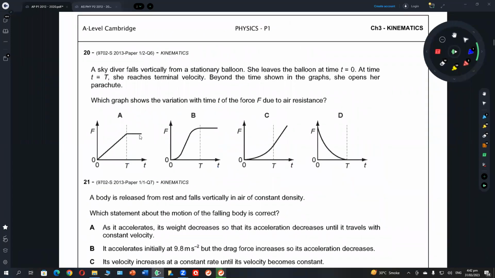A skydiver falls vertically from a stationary balloon. She leaves the balloon at time t equal to 0. At time t equal to T, she reaches terminal velocity. Beyond the time shown in the graph, she opens her parachute.